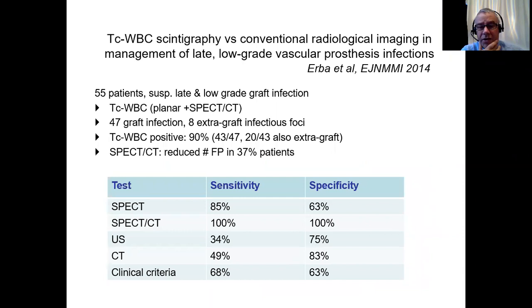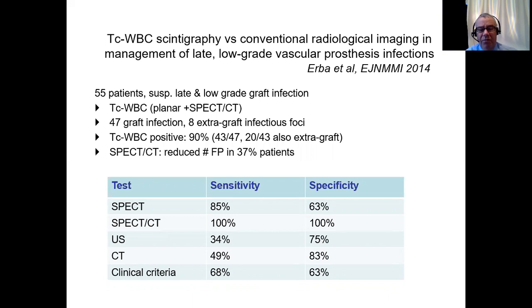So looking at vascular prosthesis, Paola Erba, who is professor in Pisa in Italy, published in the European Journal a series of 55 patients looking at technetium white cells, looking for graft infection, and found that the sensitivity of SPECT-CT was very much better than all the other modalities, including SPECT, ultrasound, or CT, or just trying to guess with clinical criteria.